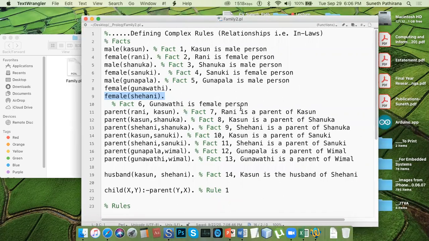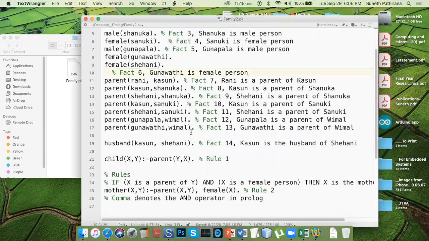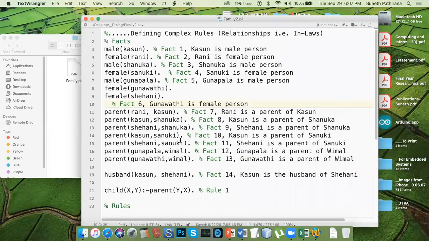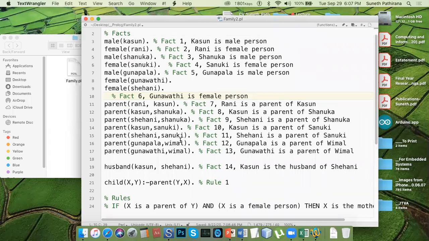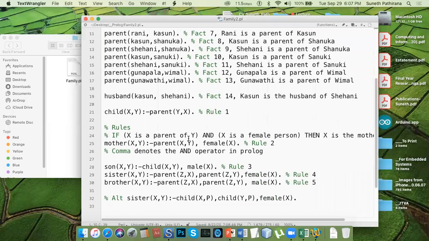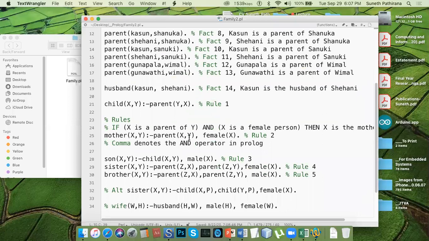Therefore, if something is missing, you know the theory in computing: garbage in, garbage out. If you feed garbage, the output will be garbage. That means inappropriate, inaccurate results will be produced.